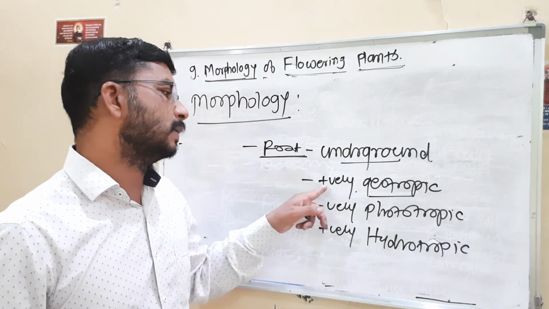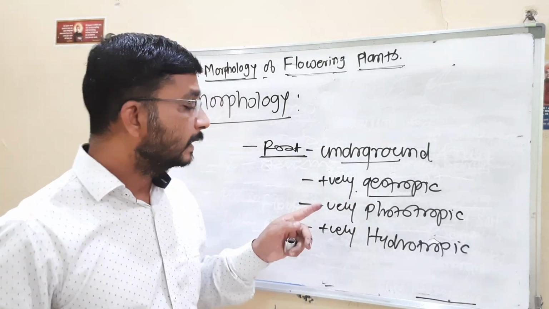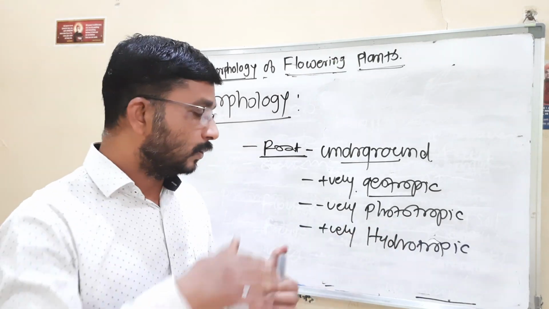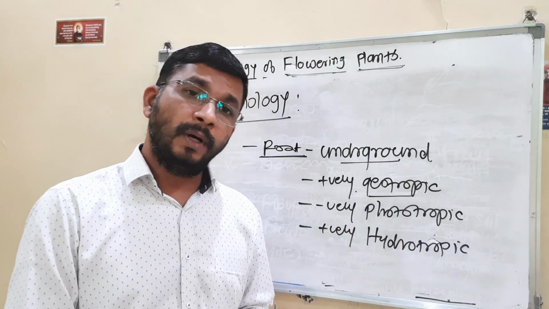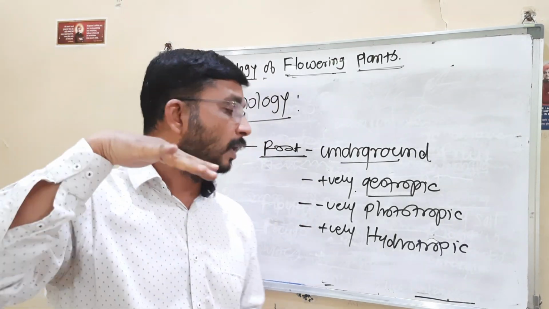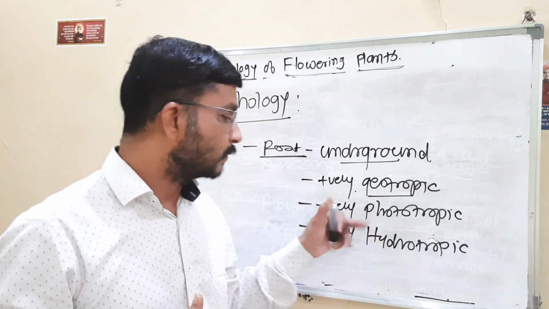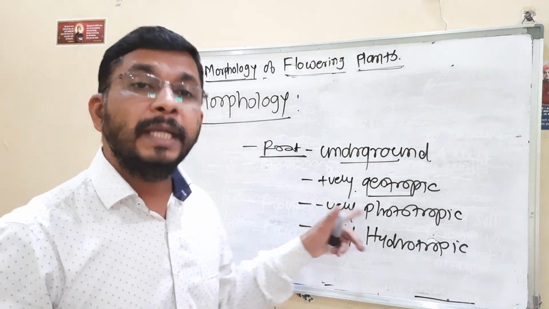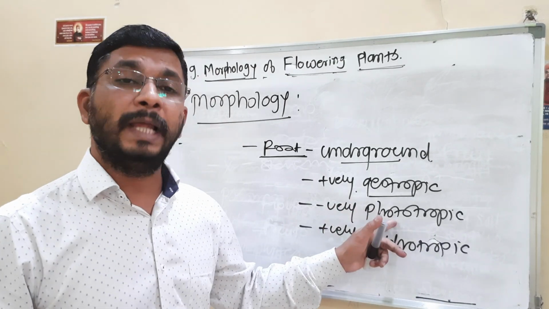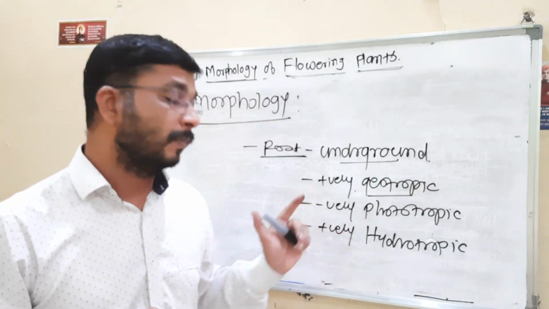That's why we call them positively geotropic. Then negatively phototropic, because the root goes opposite to the sunlight, opposite to the light. That's why we call it negatively phototropic.